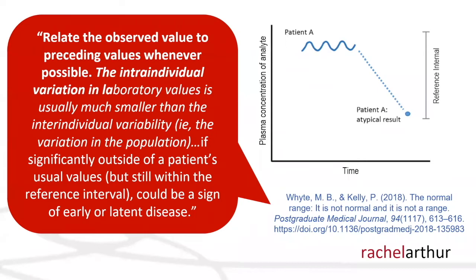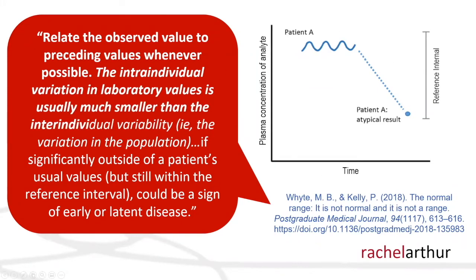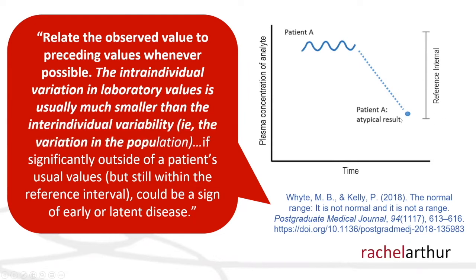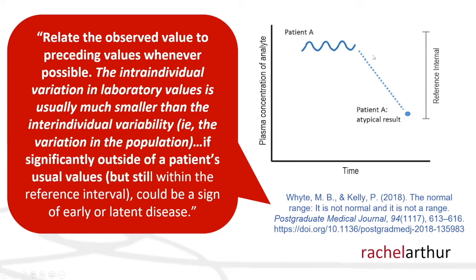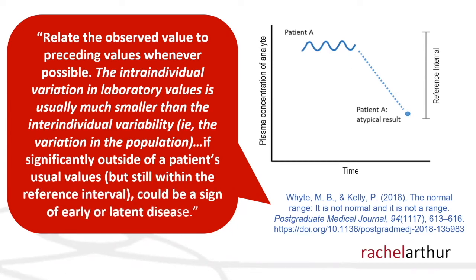And when they do suddenly make a shift, like this diagram illustrates here, even when this new result remains within the expected reference interval that you've been provided with, it is still probably the earliest indicator of a disease process underway, and certainly requires some thinking about the why.